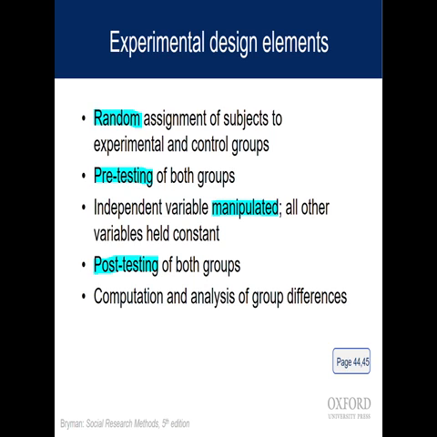What you do in a classic experiment is you get a large sample of people, hopefully a sample of people that are representative of your entire population. So if you are trying to do a test to learn if some drug was effective, you'd want to have a nice random sample of individuals, a large sample, and then you would want to randomly assign those individuals to one of two groups.